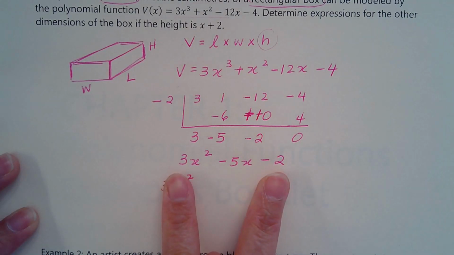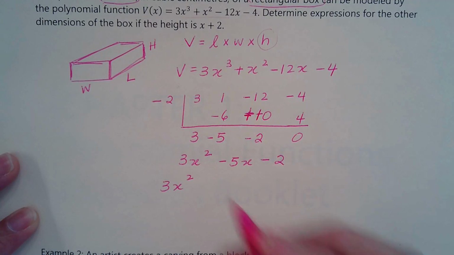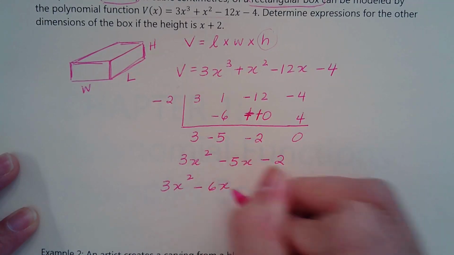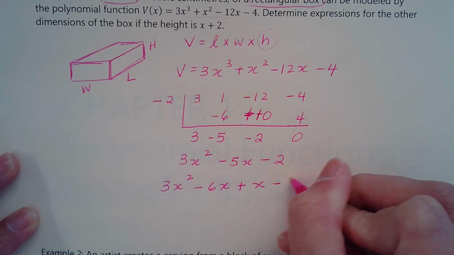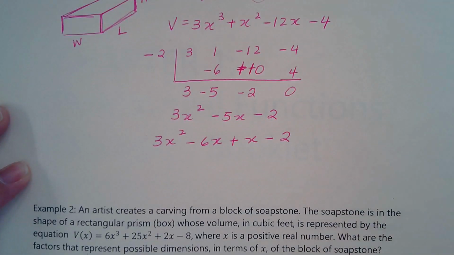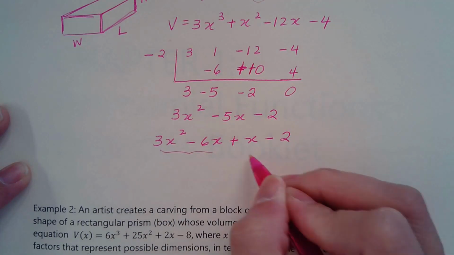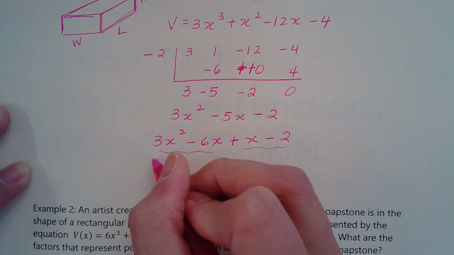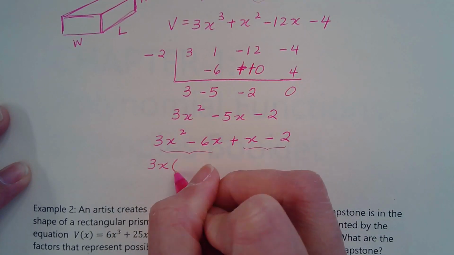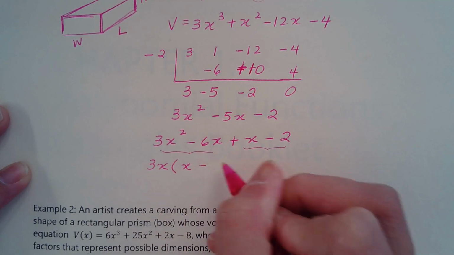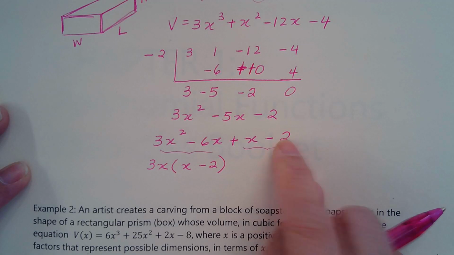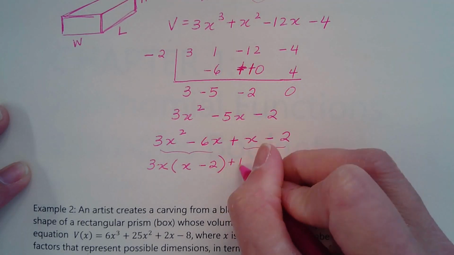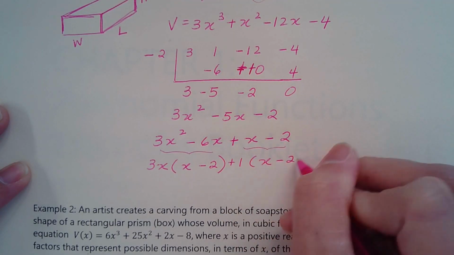What are the factors of negative 6x squared that add up to negative 5? So minus 6x plus x minus 2. And then factor by grouping. So this is going to be 3x times x minus 2. And then here the GCF is 1, so plus 1 times x minus 2.